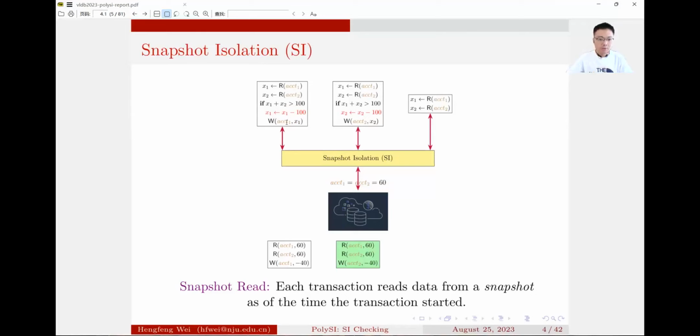On snapshot isolation, these two concurrent transactions are allowed to read from the initial snapshot of these two accounts and withdraw money successfully. As a result, the sum of these two accounts becomes negative. This is a write skew anomaly, which is allowed by snapshot isolation.